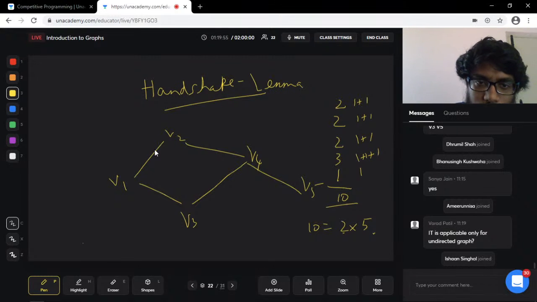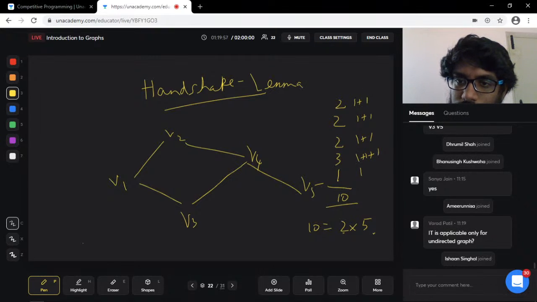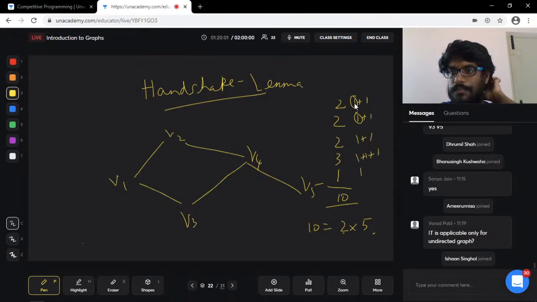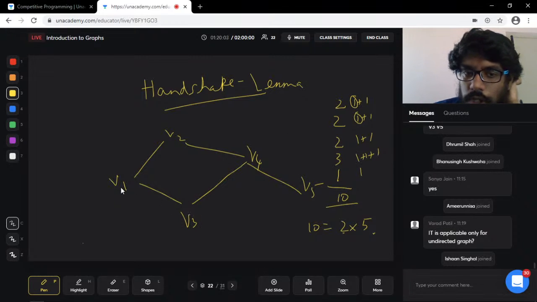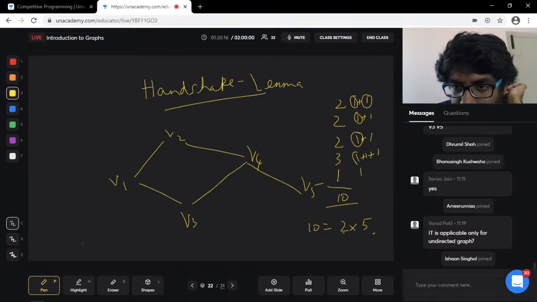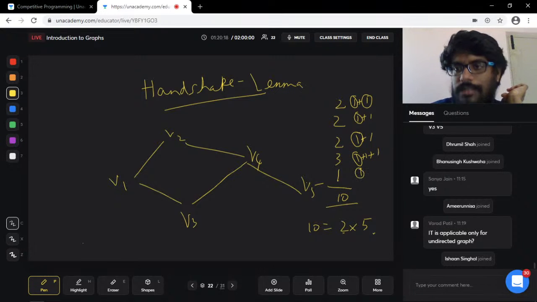When I take V1, V2, it contributed this one and this one. This edge contributed to V1 and V3, so it contributed this and this. This edge contributed to V4 and V5, so it contributed this and this.